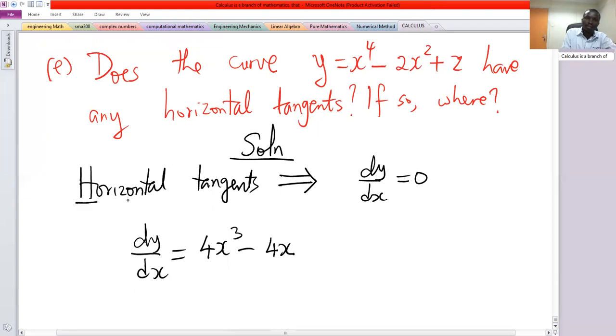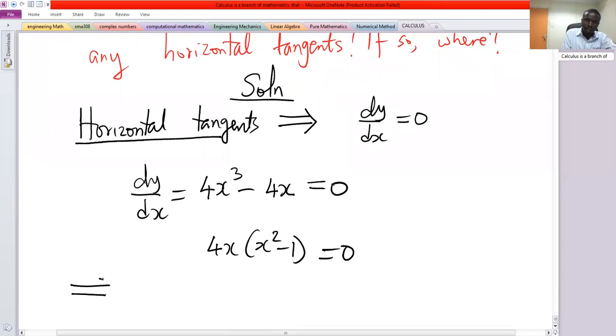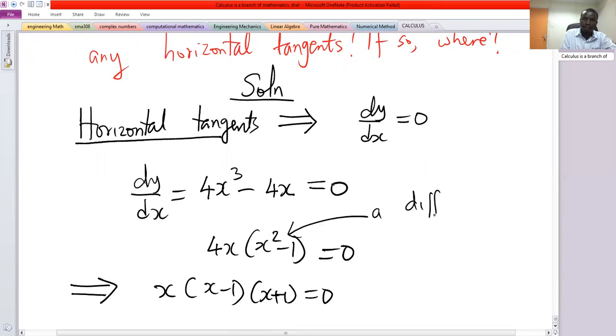Because we are interested in the horizontal tangent, we equate this to 0 to find the values of x. So we factor out 4x, giving x squared minus 1 equals 0. Dividing through by 4, x minus 1 times x plus 1 equals 0, because this is a difference of two squares. That's why it has these factors.